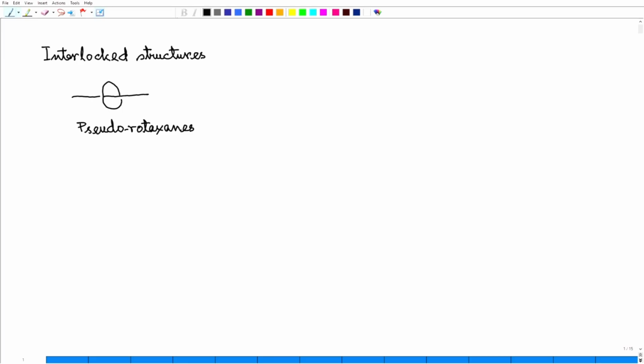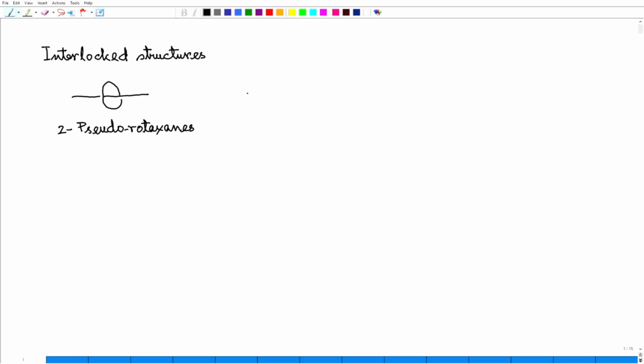We will call it 2 pseudo rotaxane. Why 2? Because this is one and this is one. We have 2 components. That is why it is 2 pseudo rotaxane.